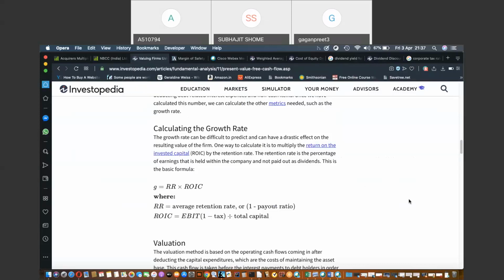I ignored that because working capital hardly will have any impact. The main depreciation comes from the fixed capital.